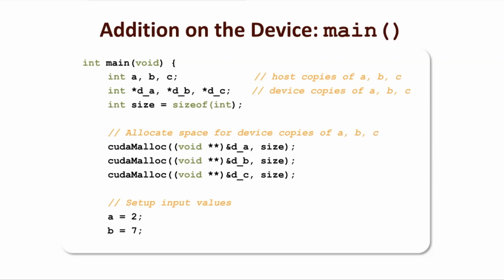Just forgive me. Float is 32, double precision is 64. So using the sizeof function makes it easier for you to handle different data types. That's a pretty commonly used technique, so consider using it yourself.